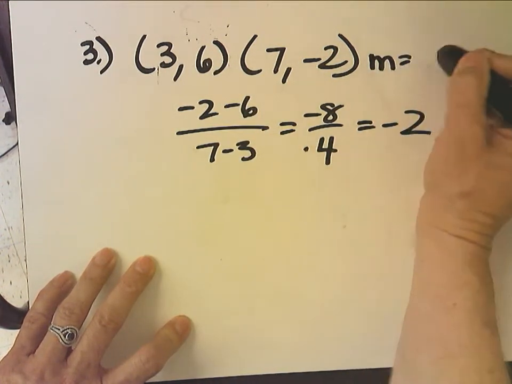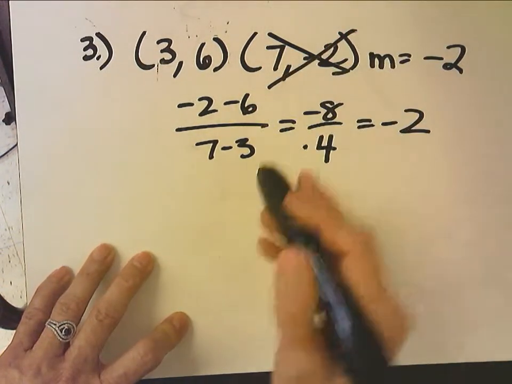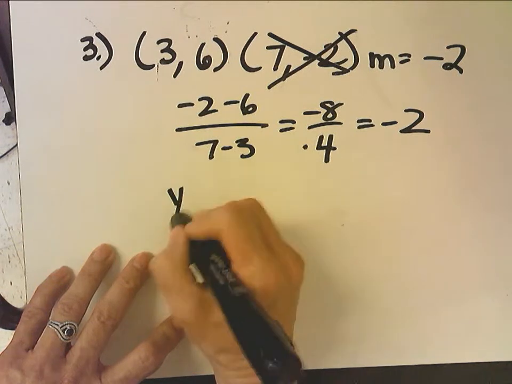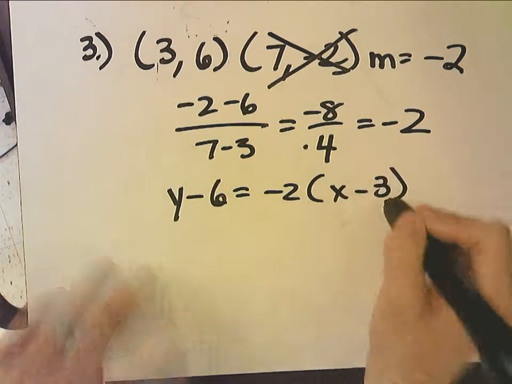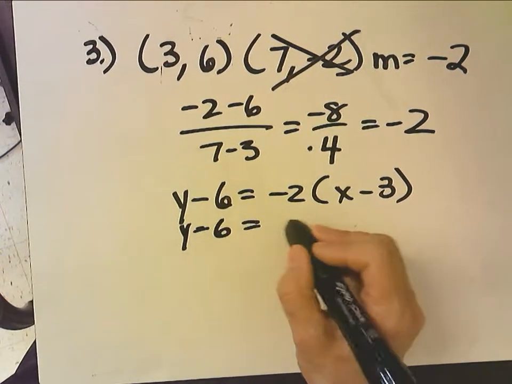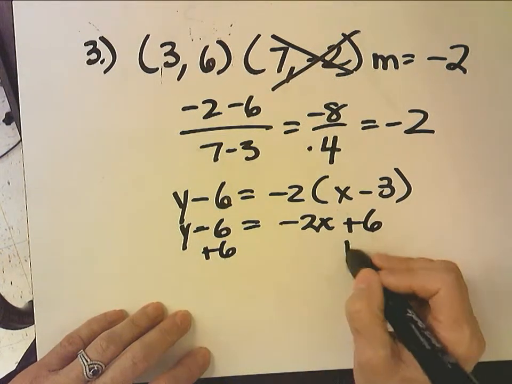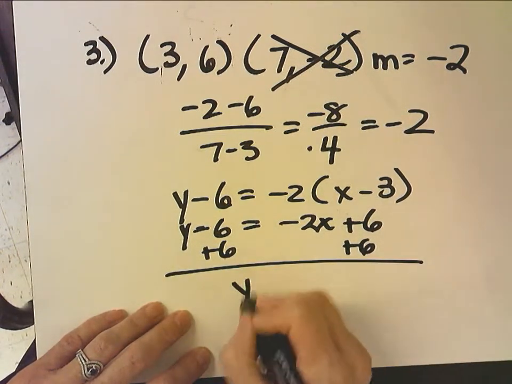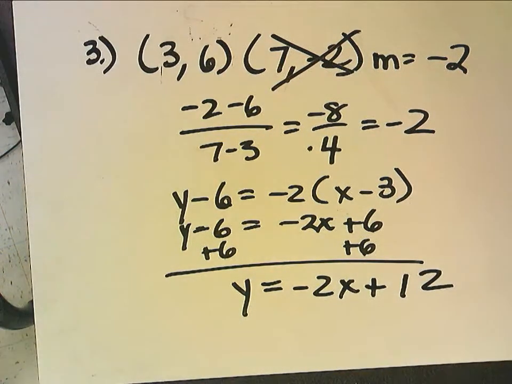So m equals -2. Now I have a point and a slope, so I cross out 1 point and I say y minus 6 equals -2 times x minus 3. I don't stop because they wanted slope-intercept form. I add 6 to both sides. y equals -2x plus 12.